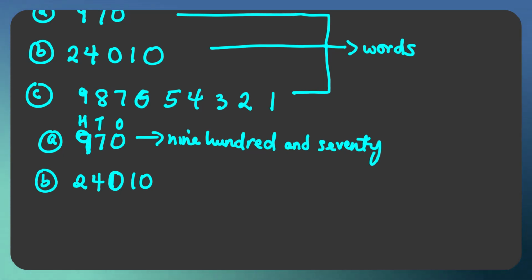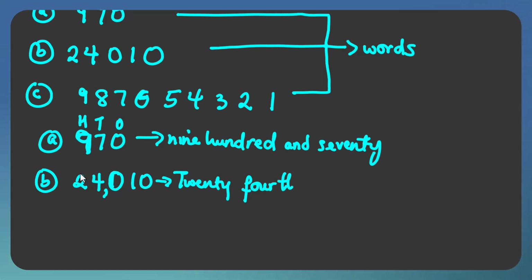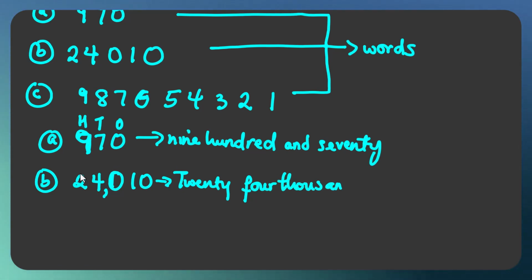Now the next one here is 24010. This is a whole number. What you can do is every 3 digits you put a comma, and so from right to left we have 1, 2, 3, comma 1, 2, and so this automatically tells us that it's in tens of thousands, and so we have this labeled as 24,010.